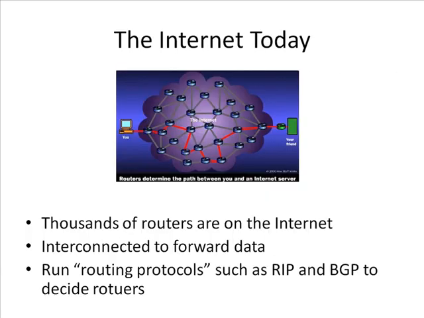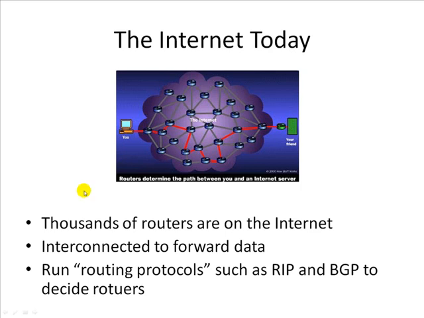So how does the internet look today? This could be you, and here is your friend with whom you're sharing information. The data goes through the internet through a web of hundreds and thousands of routers, where various routing protocols decide the exact path your packet takes to the final destination.